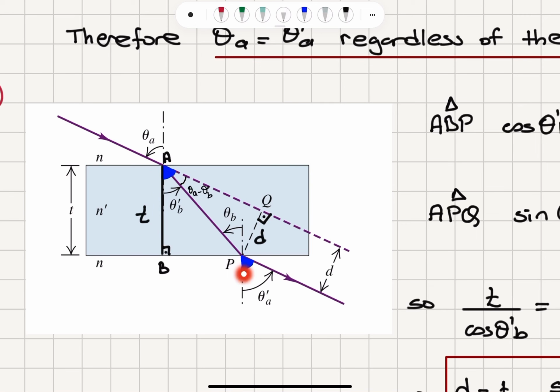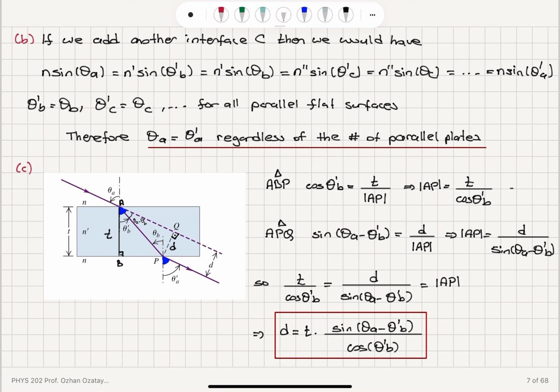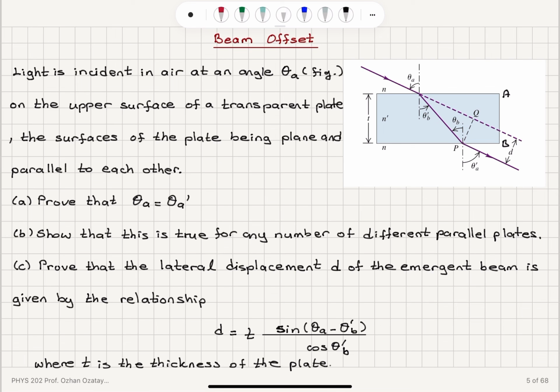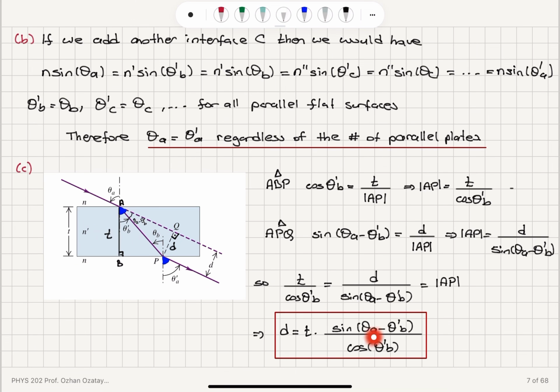Because this angle and this angle are the same, since these are two parallel rays, and theta prime A is the same as theta A. So this is theta prime A minus theta prime B, or theta A minus theta prime B. Cosine of theta prime B is T divided by AP, and sine of theta A minus theta prime B is D divided by AP. So we calculate the lateral displacement of the emergent beam to be T sine theta A minus theta prime B divided by cosine theta prime B.